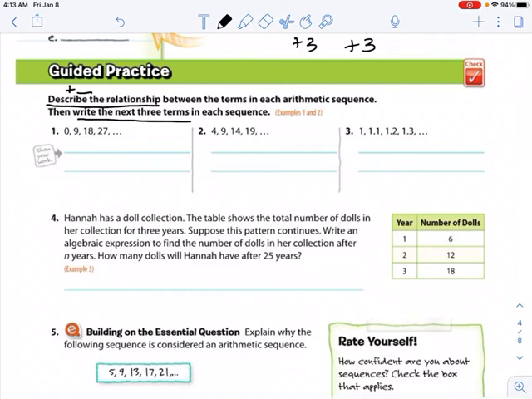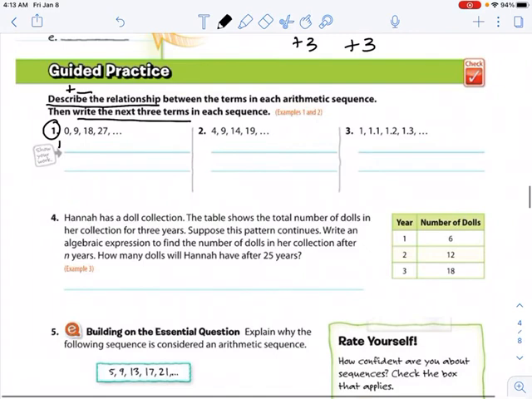Okay, so go ahead and look at number 1. For number 1, our relationship is adding 9. And then for the next 3 terms, after 27, we're adding 9. So the next 3 terms would be 36, 45, and then 54.